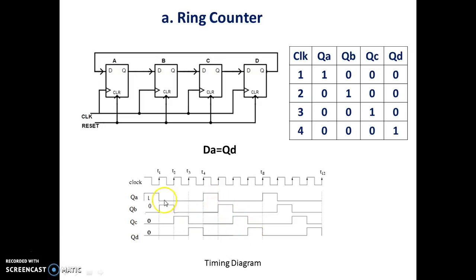In this way the inserted bit is continuously shifted towards the right. So in all it has a mod of 4. In the ring counter, this QD is given to DA. So the number of flip-flops in the register is equal to the mod of the ring counter.